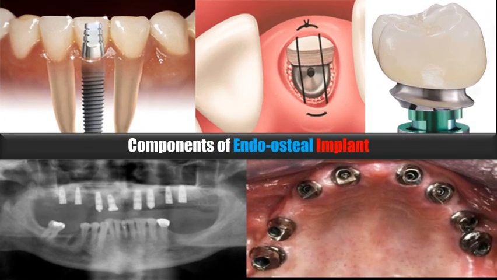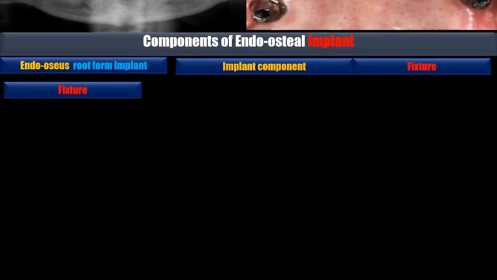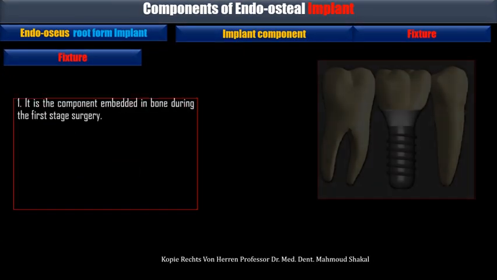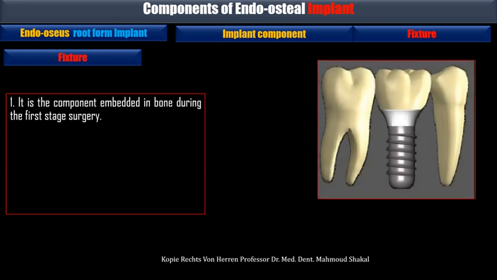Now we need to understand and visualize the components and parts of an implant and the function of its parts. As we said in the beginning, in the definition of a dental implant, we have the first part, which is anchored inside the bone and surgically inserted, called the fixture.